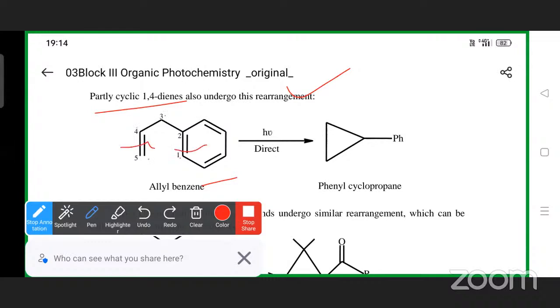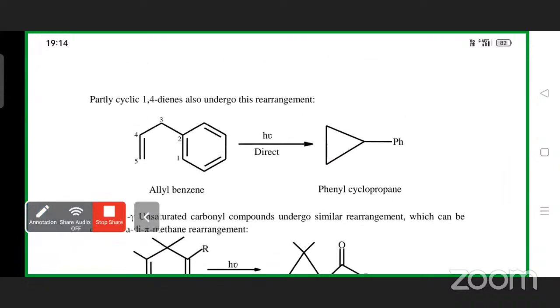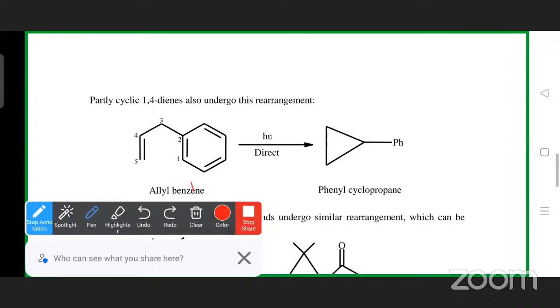This bond and this bond undergo cleavage, and we get this phenyl cyclopropane. In the mechanism, you see this bond cleavage, a bond formation, and again a bond cleavage. Then the 1,2 bond formation takes place, then benzene formation. Very simple. Phenyl cyclopropane is the product.